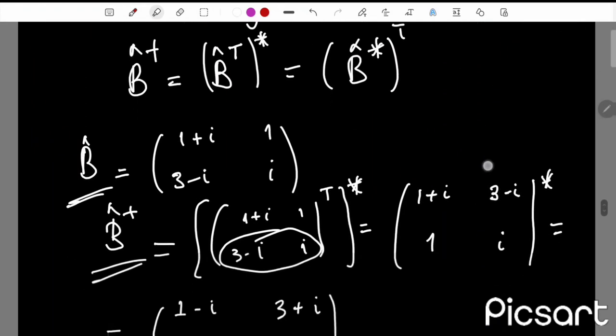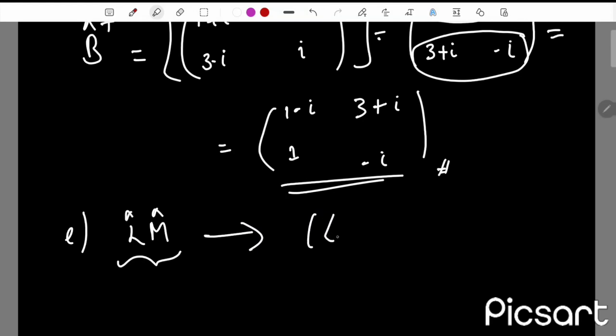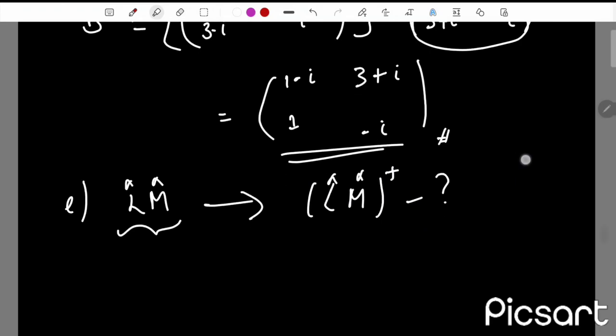Okay, for now we can go on solving exercise E, which is the LM operator. If we have this operator, which is a multiplication of two operators, the question is what is its conjugate operator?